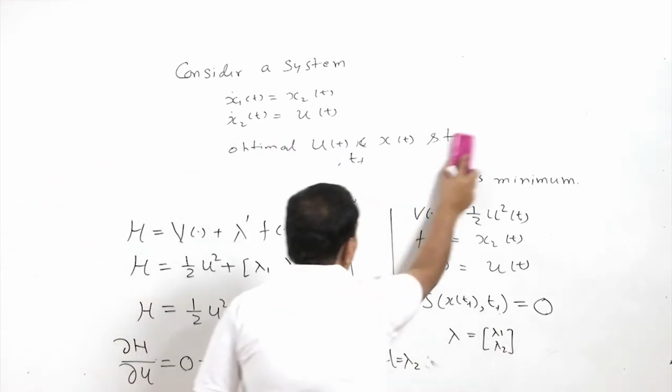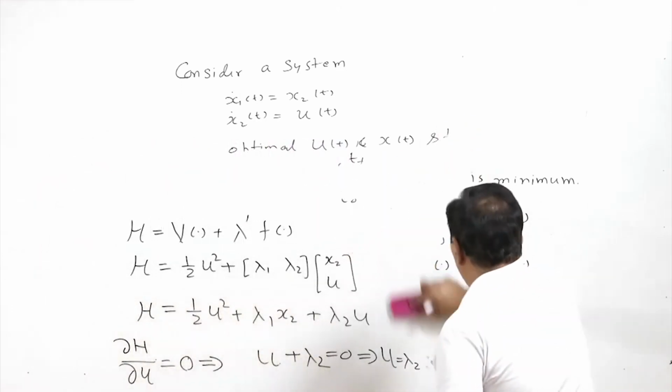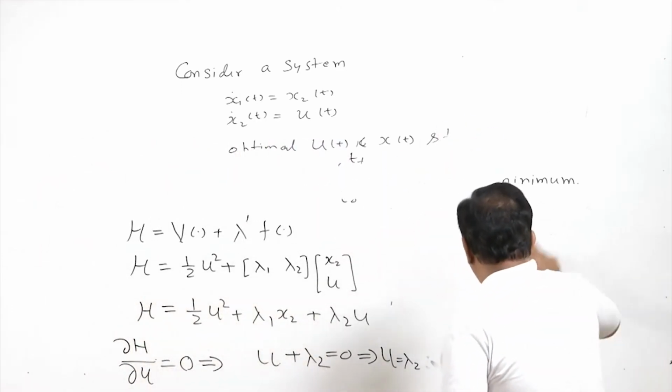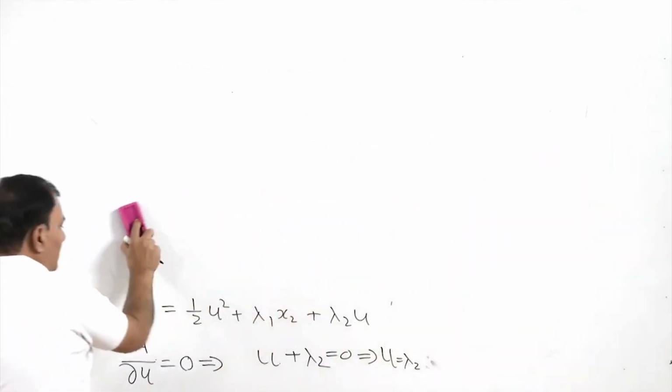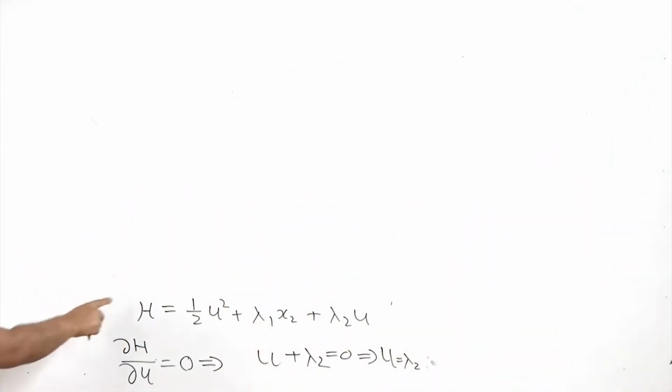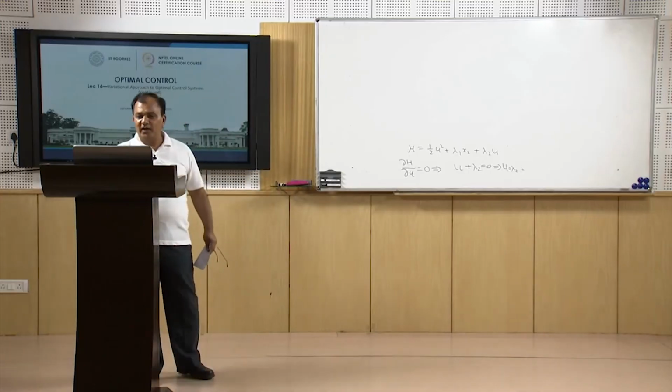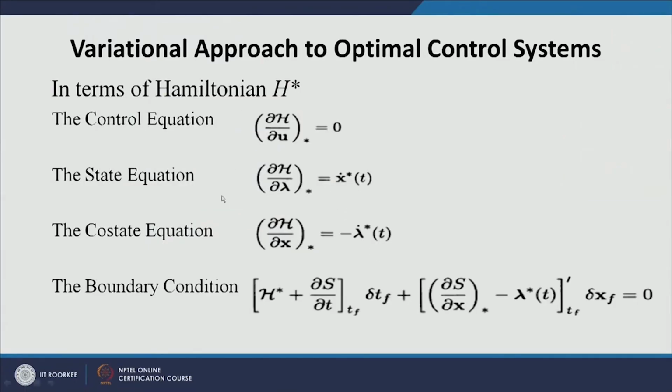With the given value of H, now we write the other equations. I keep this equation with me. My second equation is my state equation, which gives del H by del lambda equal to x dot t.